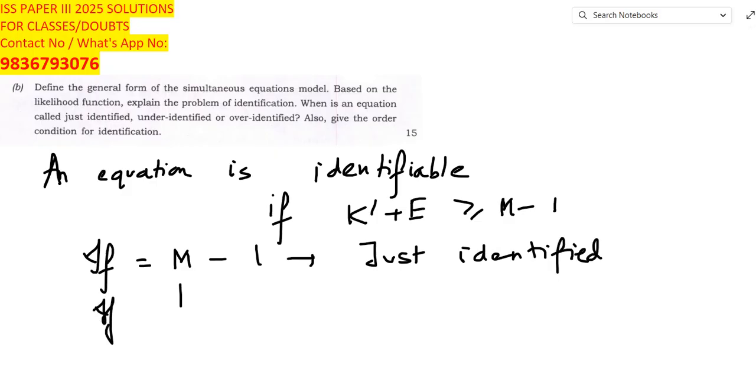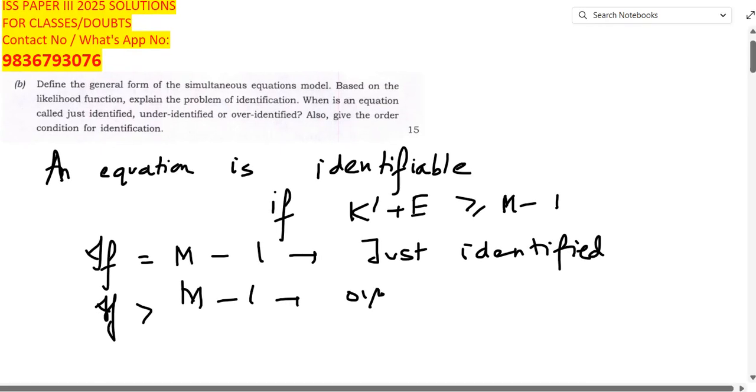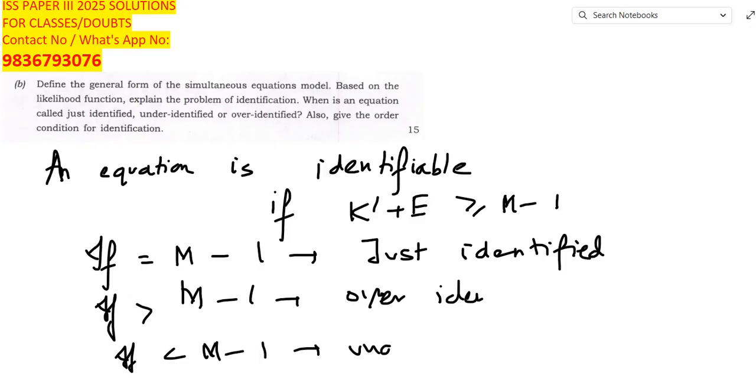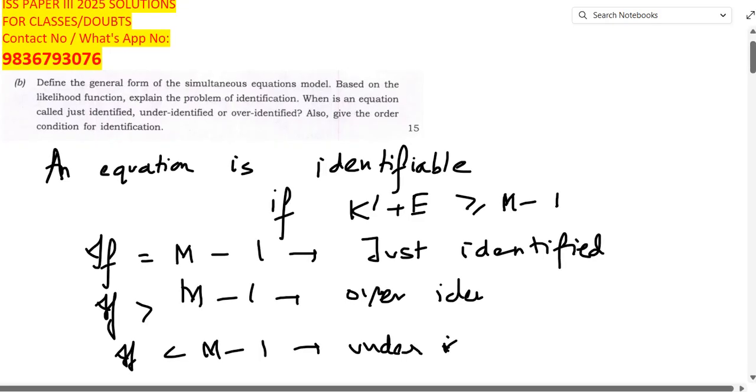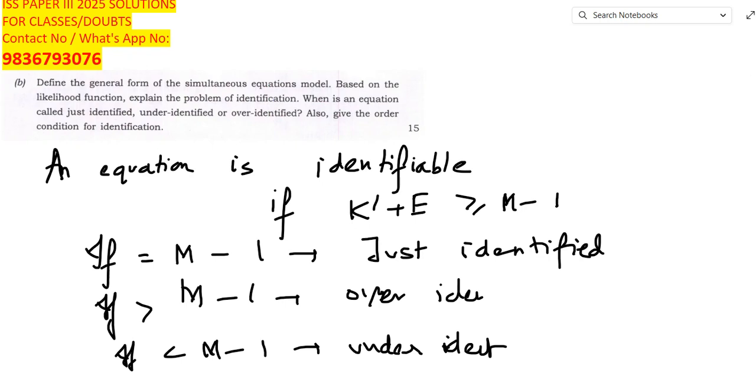If it's greater than m minus 1, then it's over identified. And if it's less than m minus 1, then it's under identified. Okay. So this way we can give the answer for this.